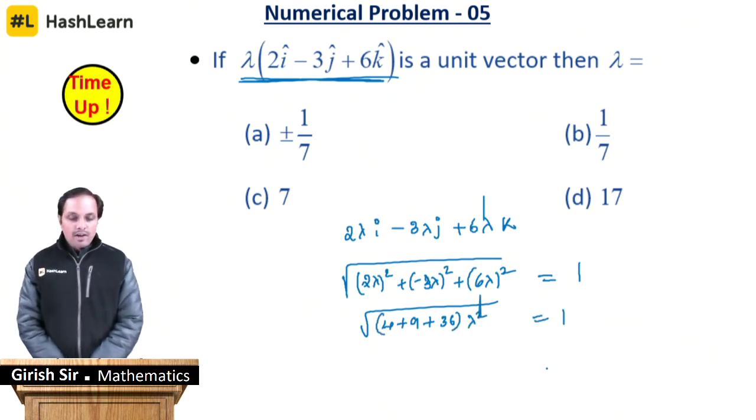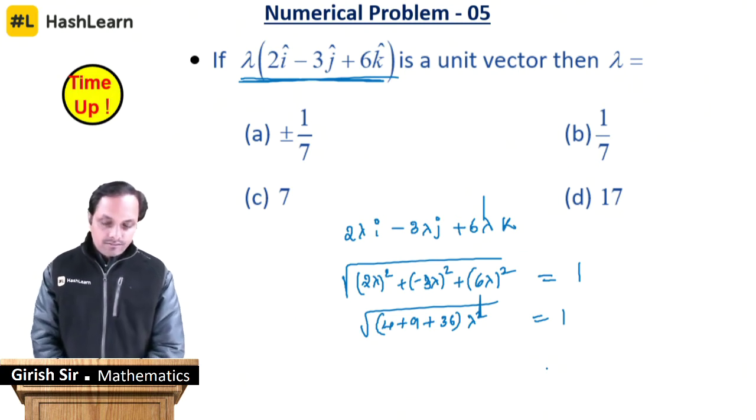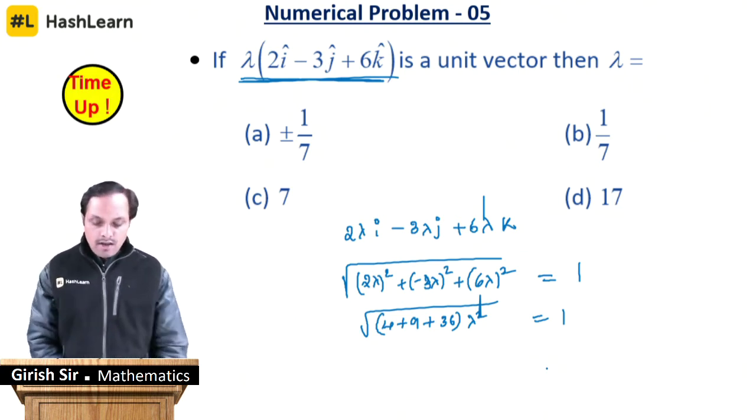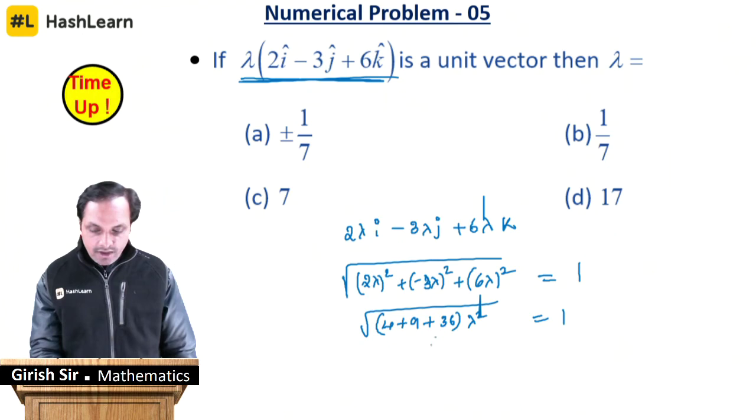Okay, so what will that give you? 49. So root 49 is 7.